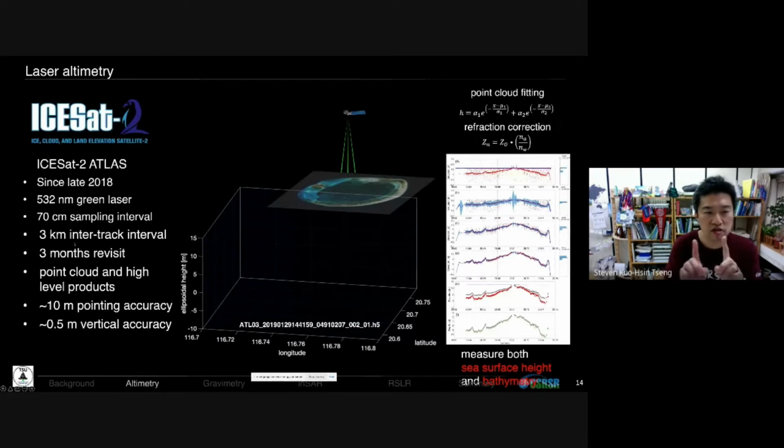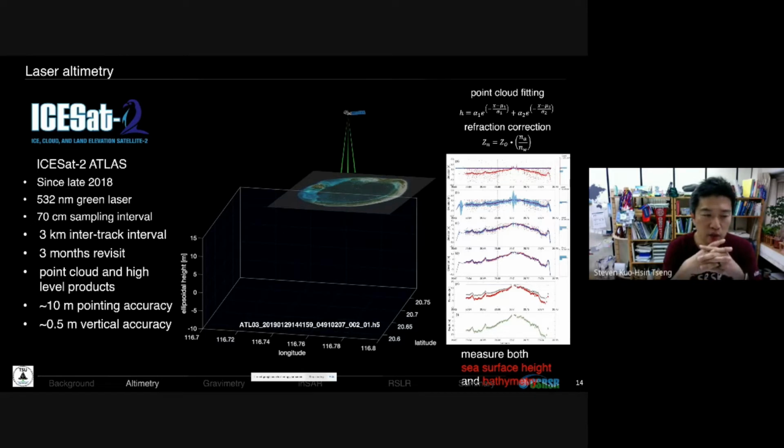And the inter-track distance, between the parallel ground tracks, is 3 kilometers. So globally, it's a very dense coverage. And the exact revisit is 3 months. So basically, you can see some seasonalities in the time series, but it's difficult to see within a month or within a season.